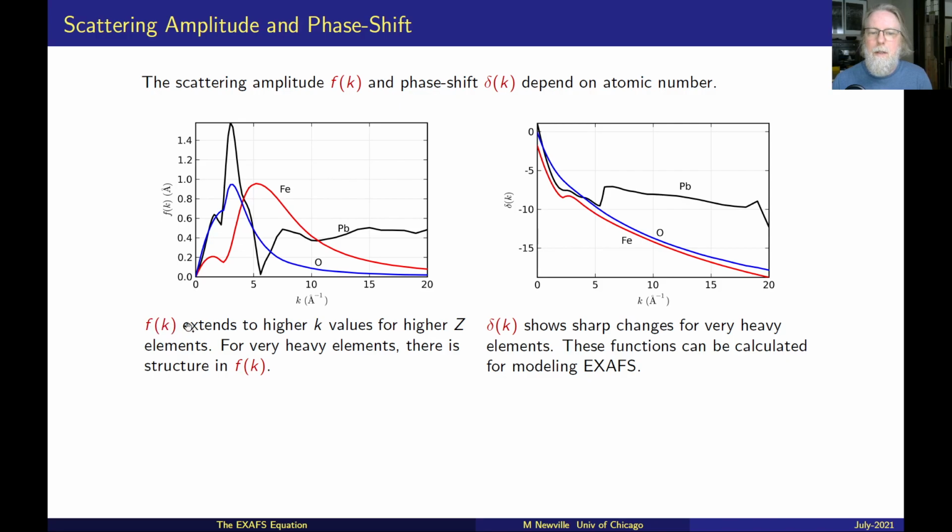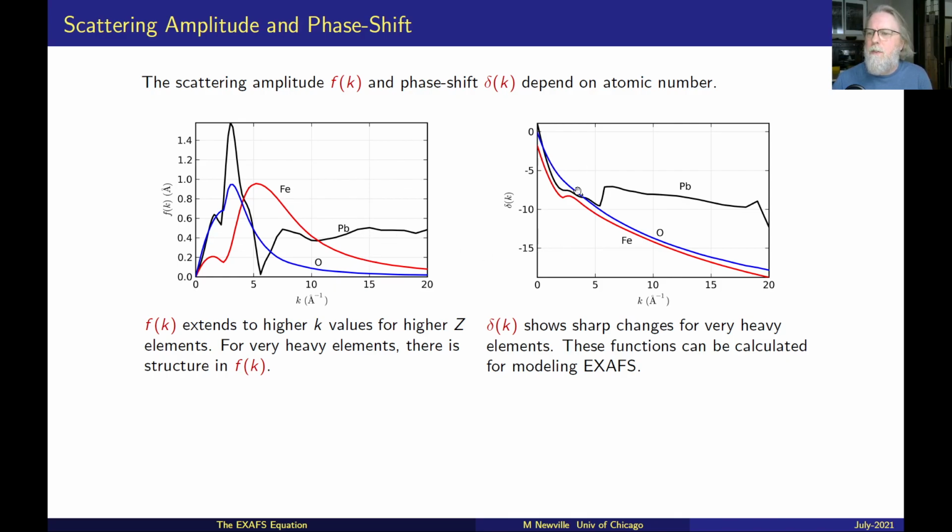So you can see here that F extends to high k, but it also depends strongly on the Z, on the atomic number. So for oxygen, it's pretty low out at high k. For iron, it gets higher. For lead, it does this weird thing where there's this sharp drop, but it persists out to higher k. So for heavy elements, there's a structure in F of k, but also the amplitude is higher, especially at higher k.